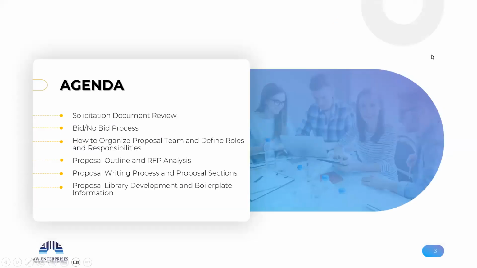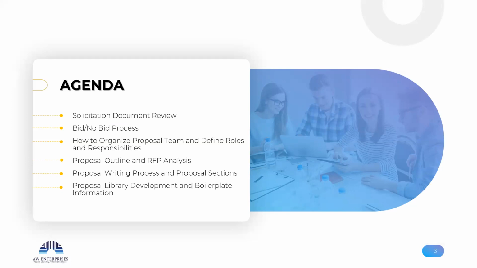Our agenda for today is as follows. We're going to cover the solicitation document review, talk a little bit about the bid, no bid process. And we also cover how to organize your proposal team and define roles and responsibilities.